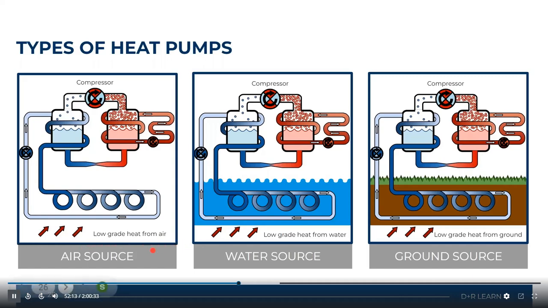Now, today's air source heat pumps can reduce your electricity use for heating by approximately 50% compared to your electric resistance heating, such as any furnaces that you may have in the home or any electric rated heating systems.